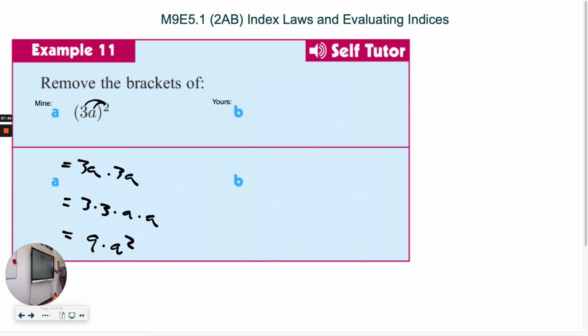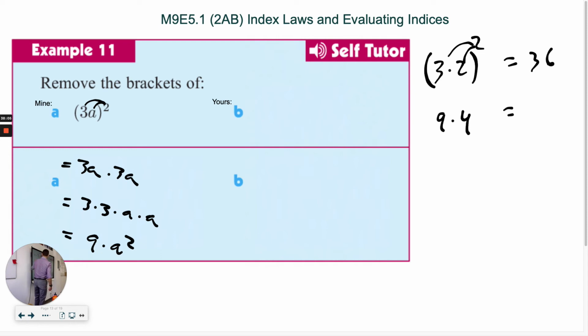There's a little danger, though. Let's test it: 3 times 2 squared, that's 6 squared, that's 36. Totally works with multiplication like this: you get 9 and 4, still 36, right?